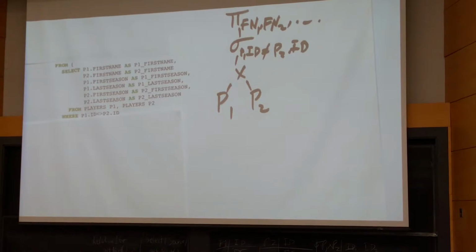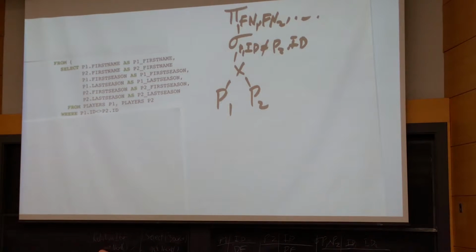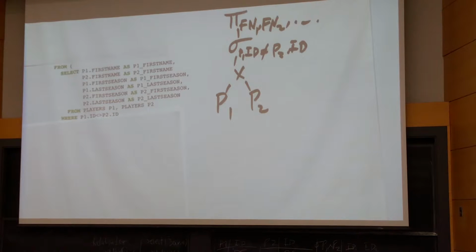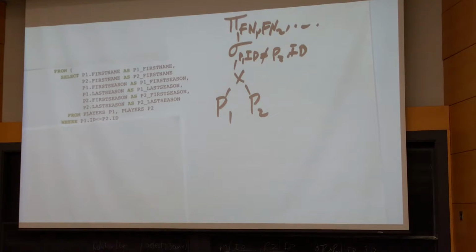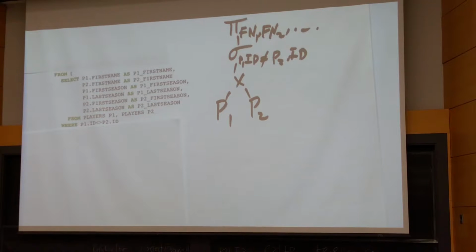Would there be a reasonable way to represent the cross product of a table with itself without having to copy? Doing a cross product of a table with itself is actually a standard idiom.